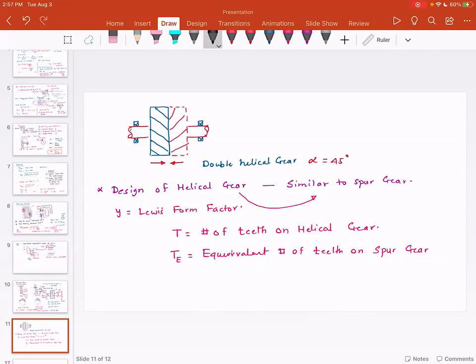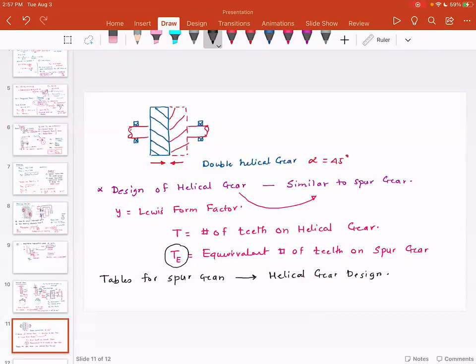So all the tables for spur gear will be used for helical gear design, except instead of T, we are going to use TE.